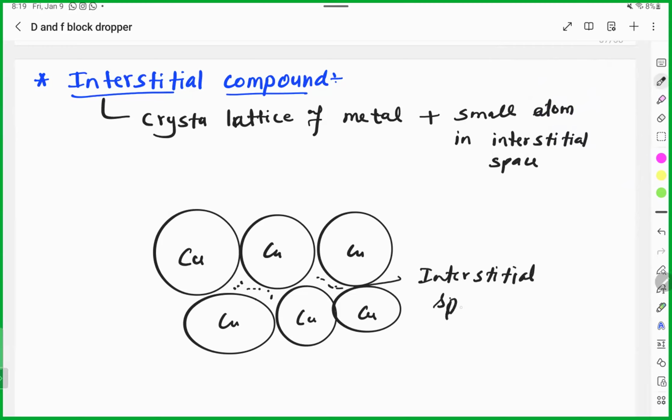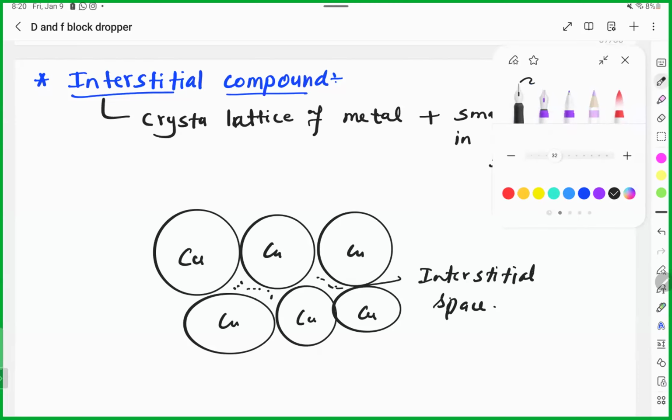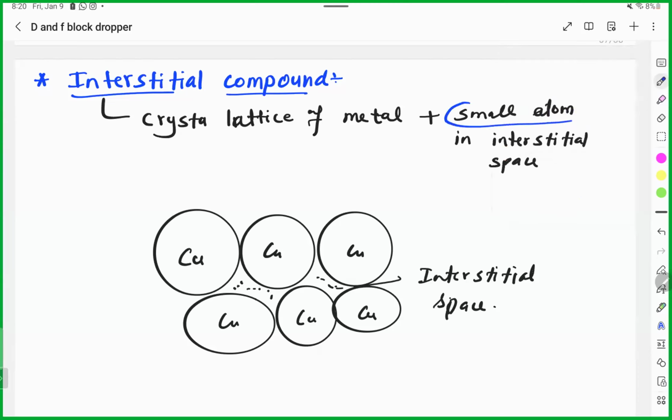In this interstitial space, small atoms can adjust. And if you have a compound made with the bigger atoms, with small atoms in the interstitial space, what atoms can exist in between?